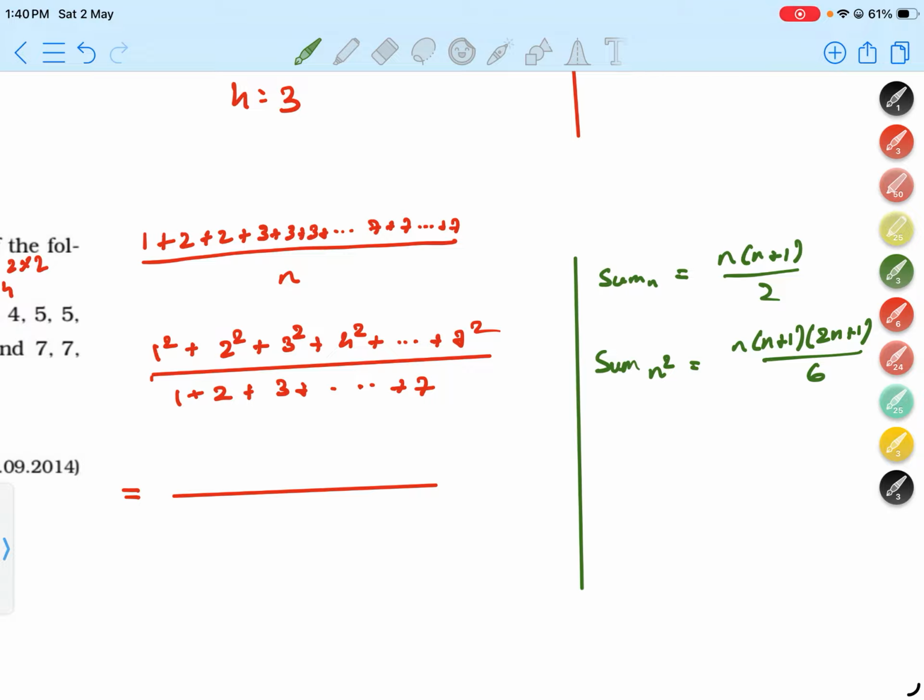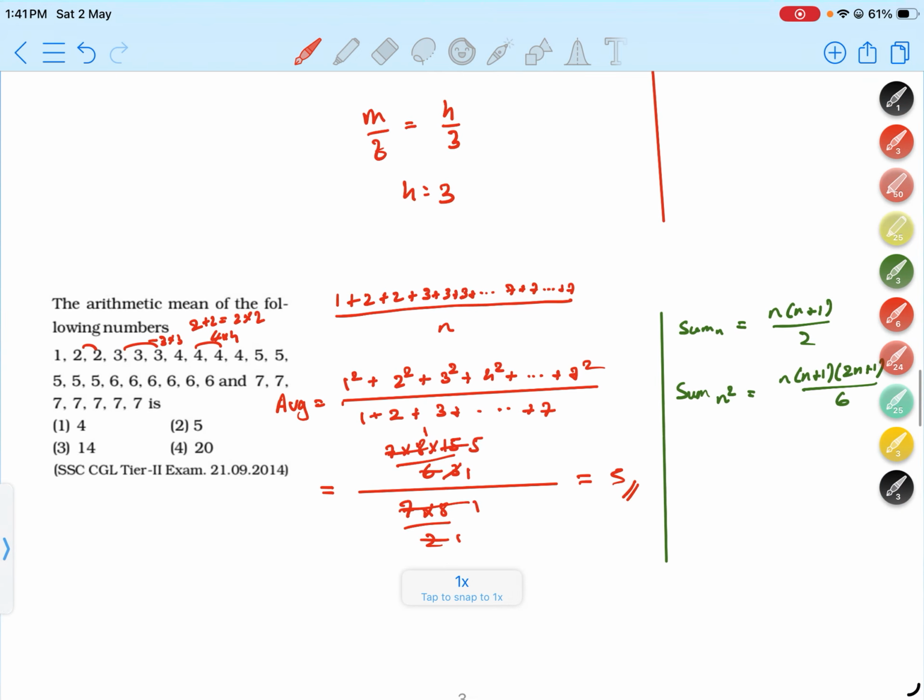Using this we can write 7 plus 1 is 8, 2 sevens are 14 plus 1 is 15, divided by 6, divided by 7 into 8 divided by 2. Cancelling, we will get the average as 5. So the answer to this question is number 2.